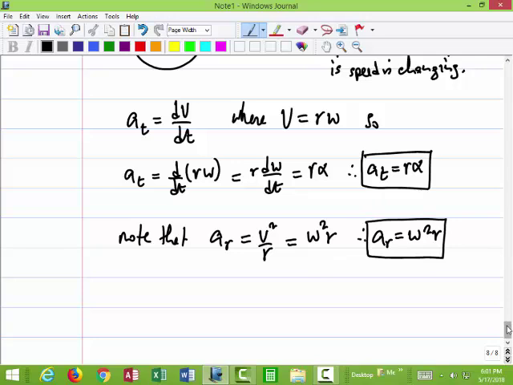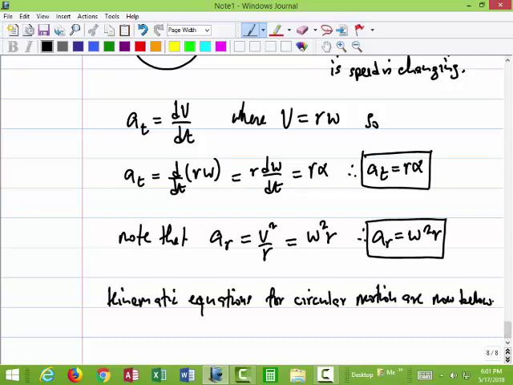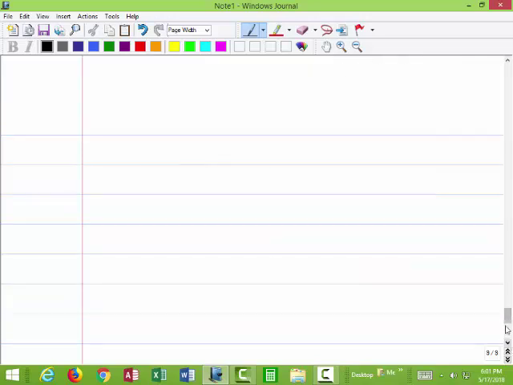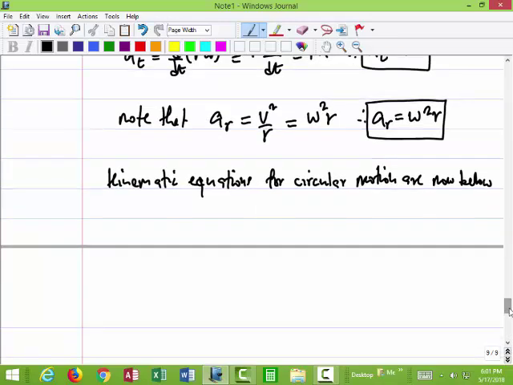With this information, we can now write the kinematic equations that we found a few lectures back. These are the kinematic equations for circular motion. For the final angular displacement, we have the initial angular displacement plus the initial angular velocity times delta t plus 1/2 alpha delta t squared.